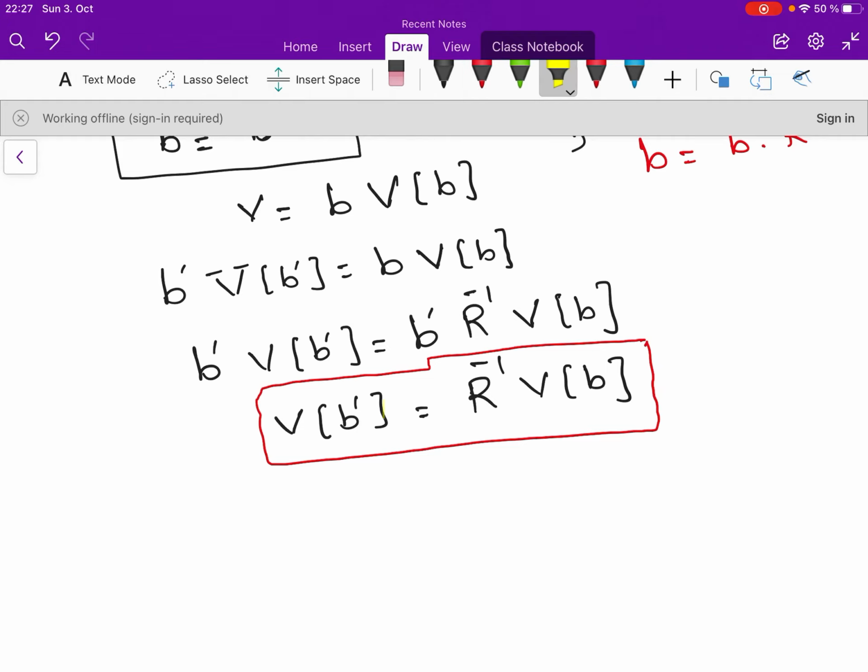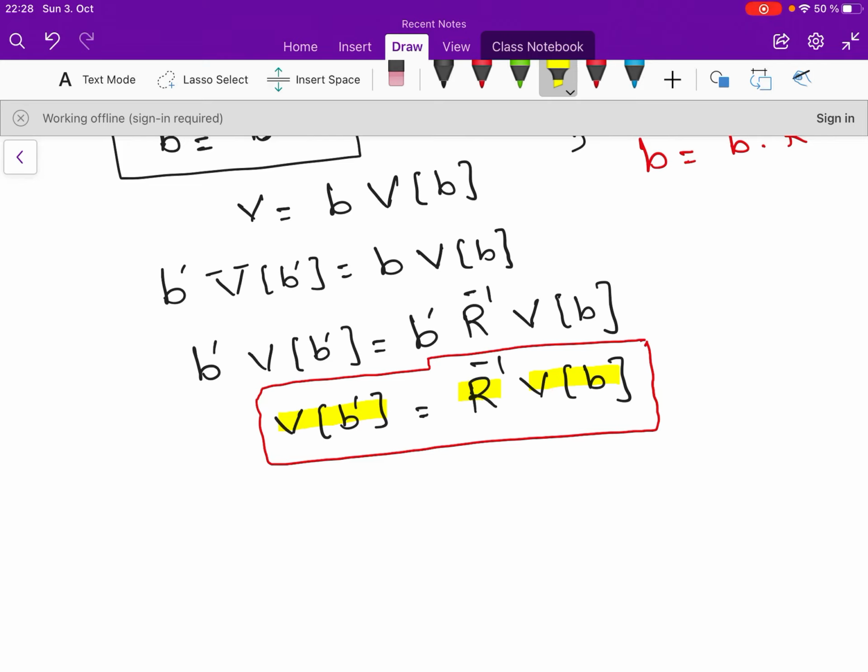These are the coordinates in the new prime basis, and this one is in the old basis B. So they are related in this manner. They are multiplied by R inverse. You can see here there is R inverse. So it means that the coordinates in the new basis will transform inverse to the change of basis matrix.